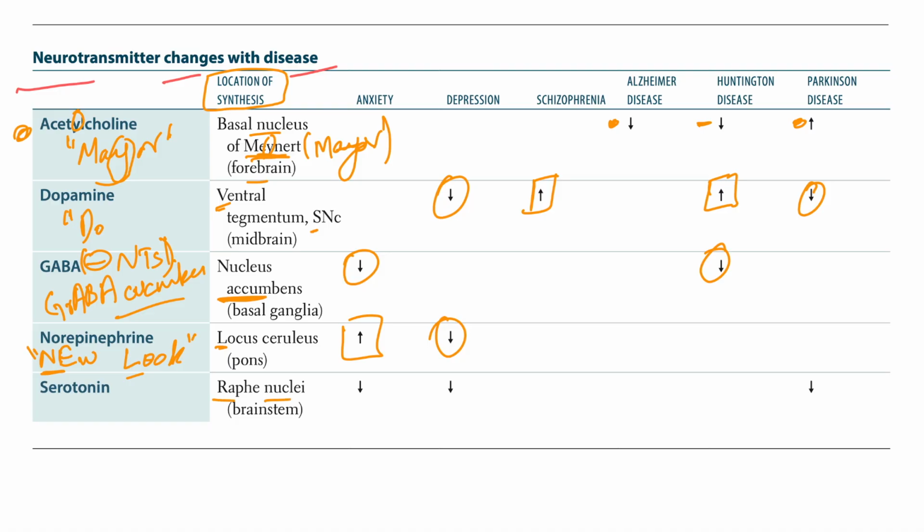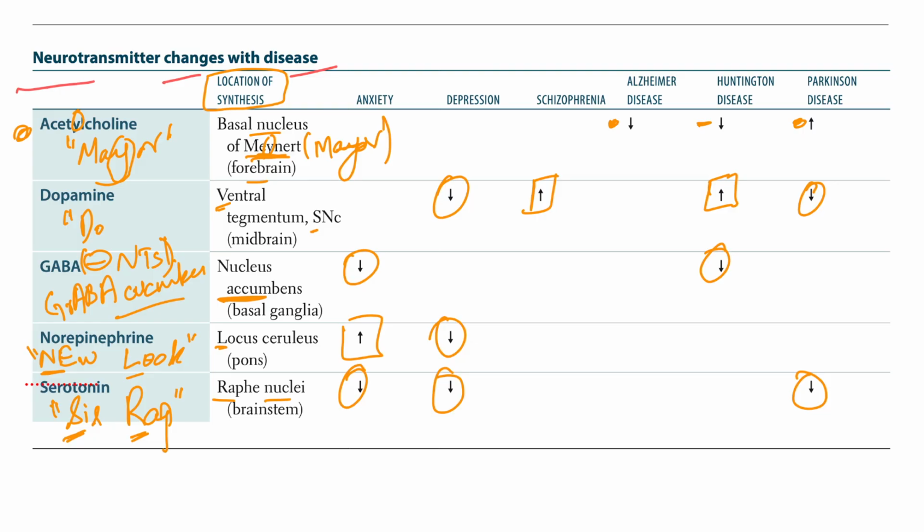Serotonin is the raphe nucleus. And the mnemonic for raphe nucleus is going to be SERAP: S for serotonin and R for raphe nuclei. Okay. And it is decreased in anxiety, decreased in depression, and decreased in Parkinsonism.